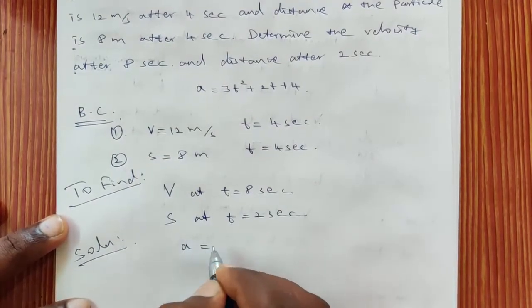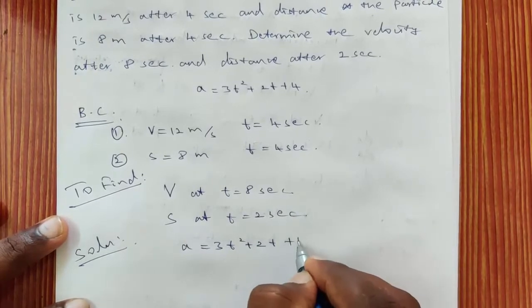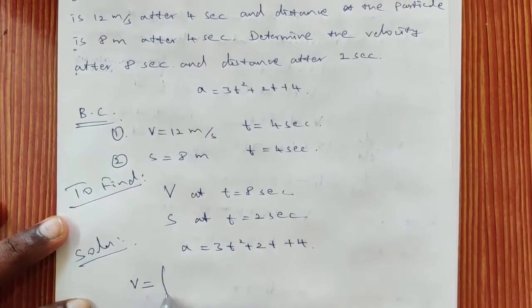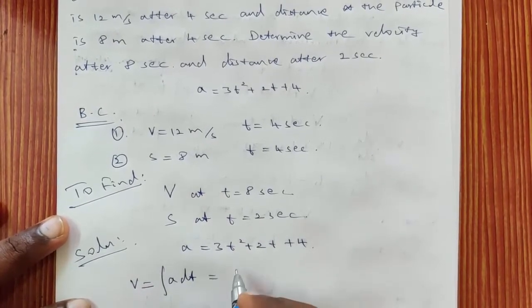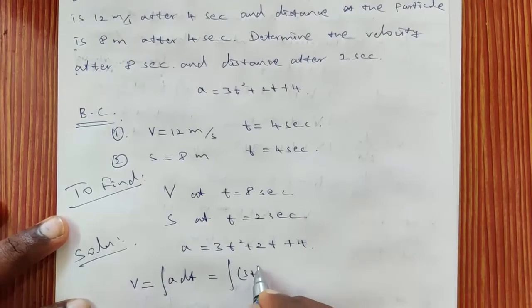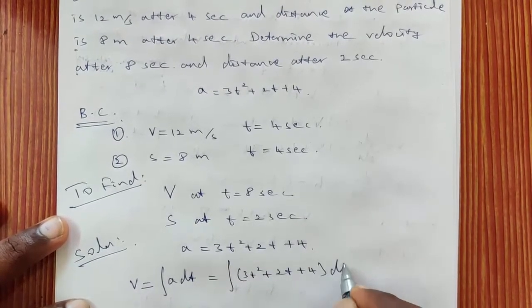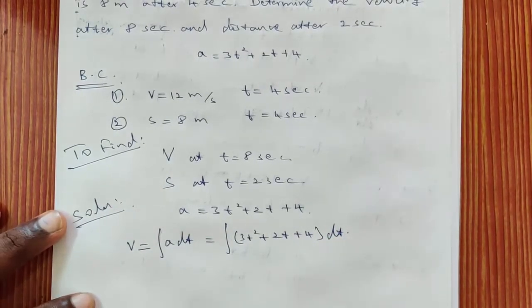So the A is given as 3t square plus 2t plus 4, and to find the velocity from this equation we know that v is equal to integral of a dt. So it is integral of 3t square plus 2t plus 4 dt. So we have to integrate this equation with respect to time.